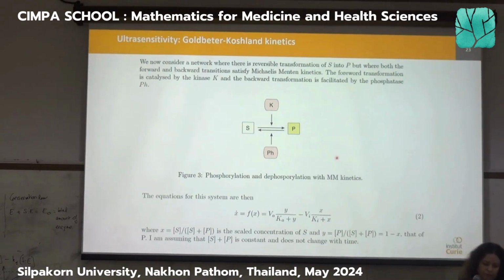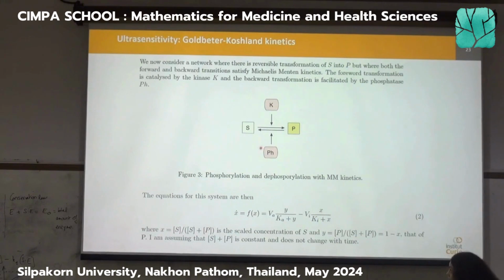So we are again looking at a substrate S and a product P, but now we have basically a 2-way reaction. S is transformed into P through the enzymatic activity of K, and P is transformed into S through the enzymatic activity of Ph.